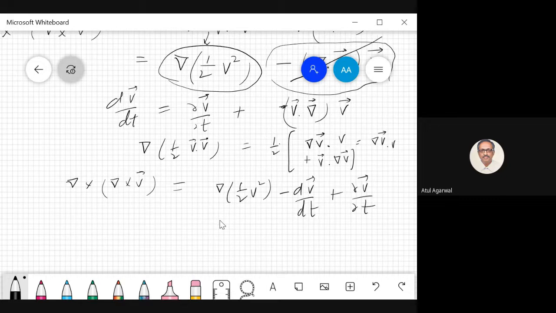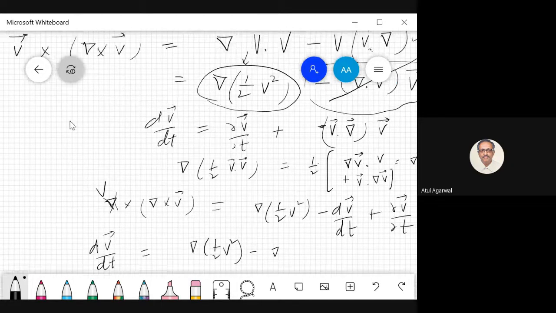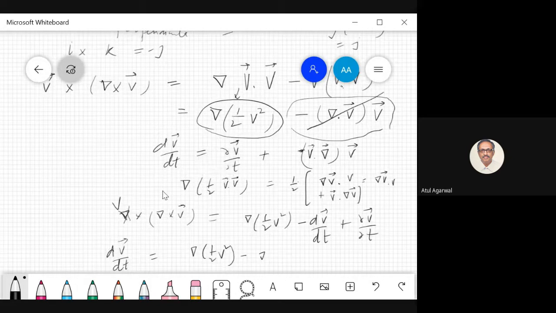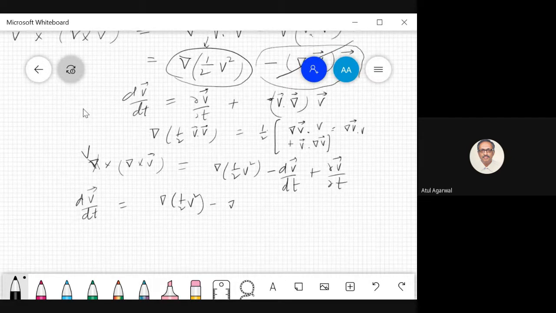So you can write dV by dt is equal to gradient of half V square, minus, sorry, this was V cross del cross V, plus V cross del cross V, plus del V by del t.